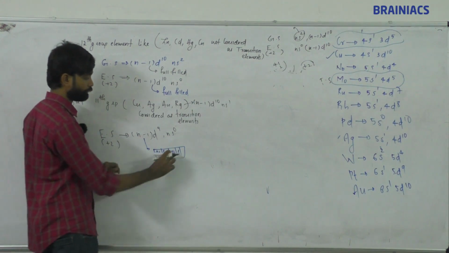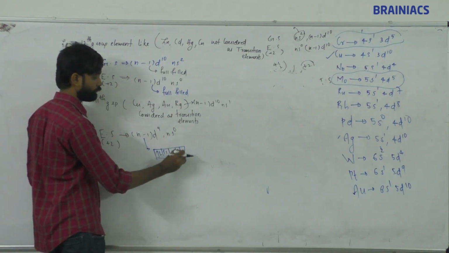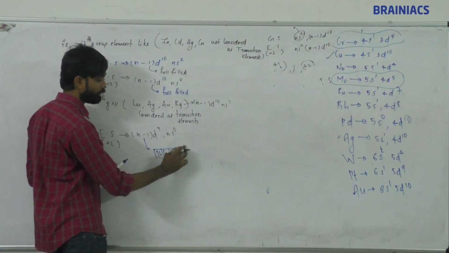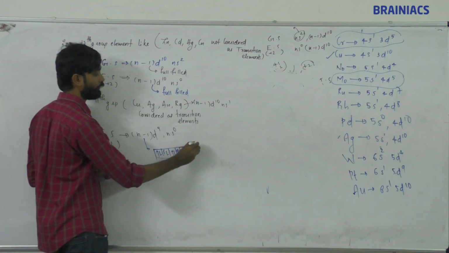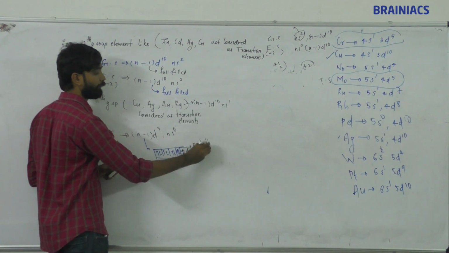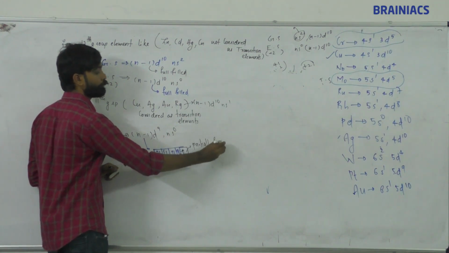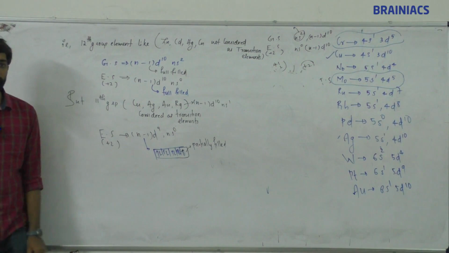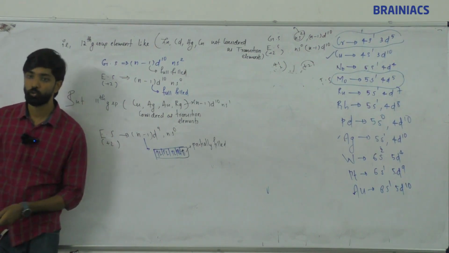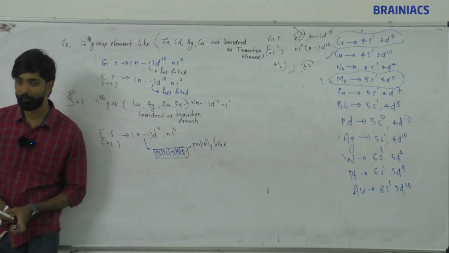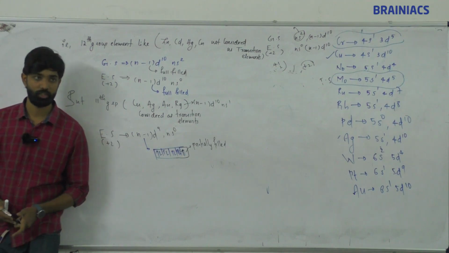Here is a partially filled d orbital. So in their +2 common oxidation state they have a partially filled d orbital, so they can be considered as transition elements.